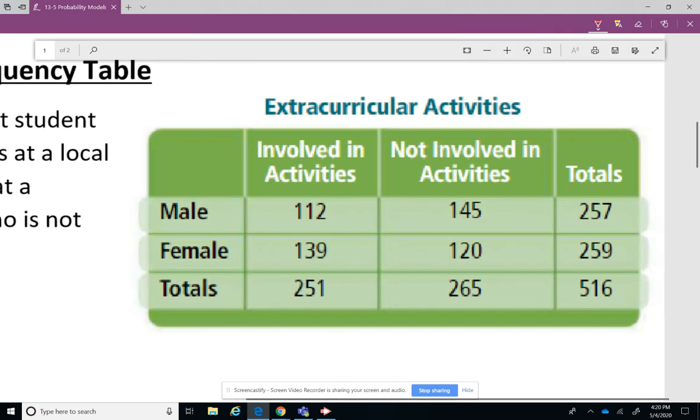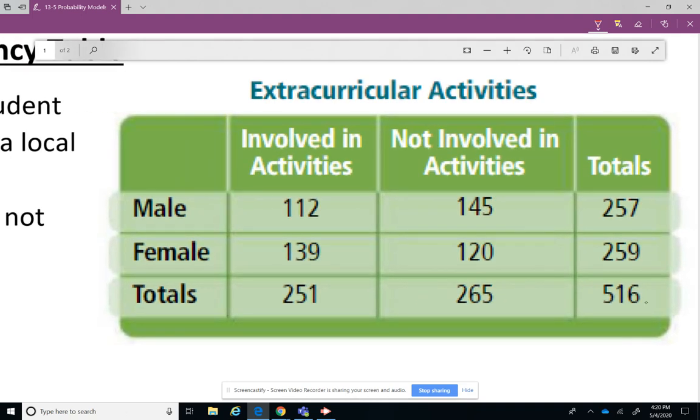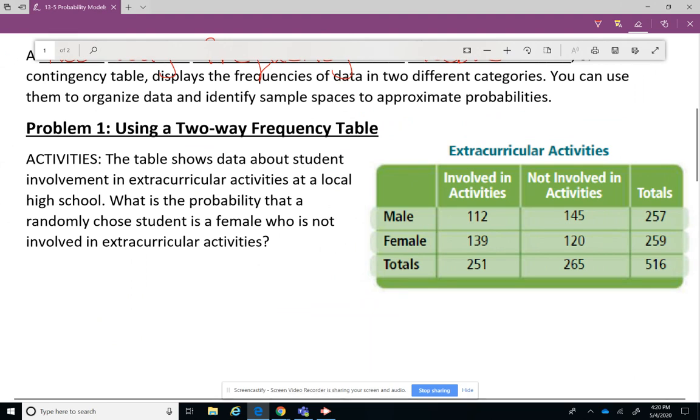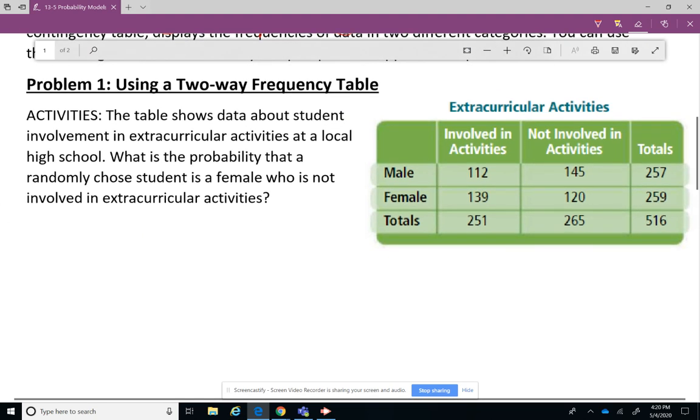If you look at this frequency table right here, we have those involved in activities and those not involved in activities. So we're looking at extracurricular activities, and then those that are males and those that are females. So we're looking at two different categories. The table shows data about student involvement in extracurricular activities at a local high school.